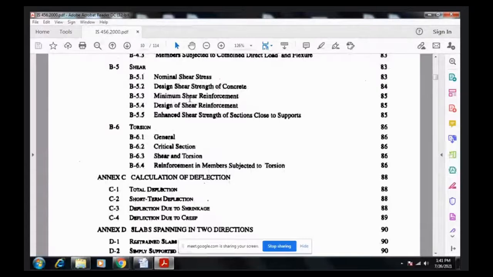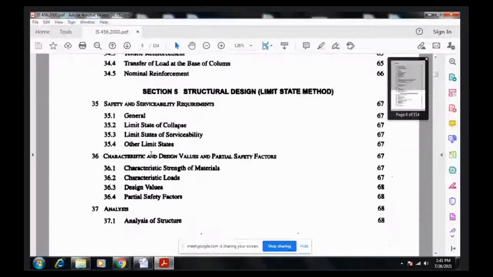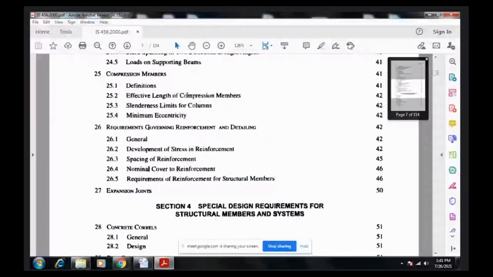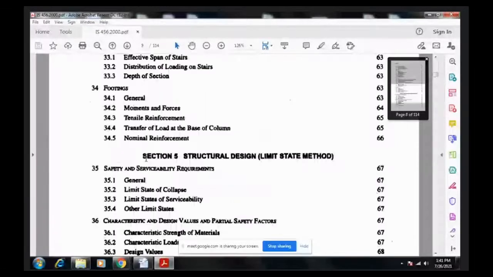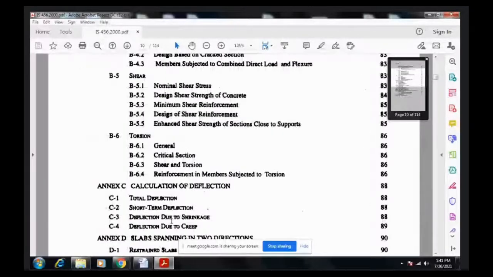These appendixes are referred to in the main part of the code, when we will be discussing all these sections. In many situations, you will find that they refer to an appendix or annex.